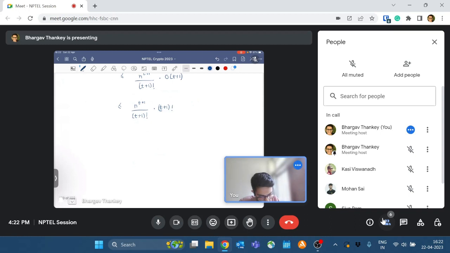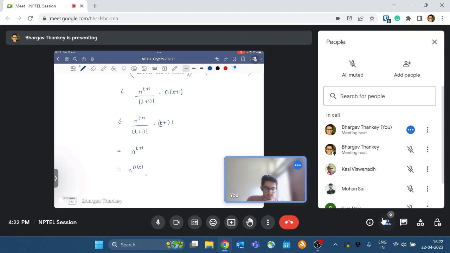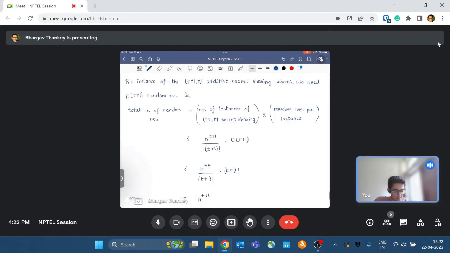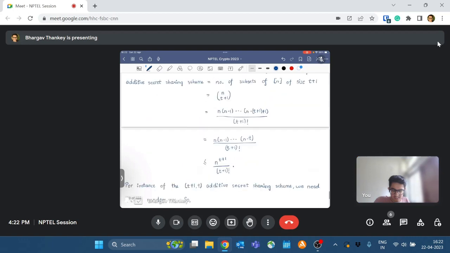And this is just n to the t+1, which is n to the order t. So in replicated secret sharing, we require n to the order t random numbers.